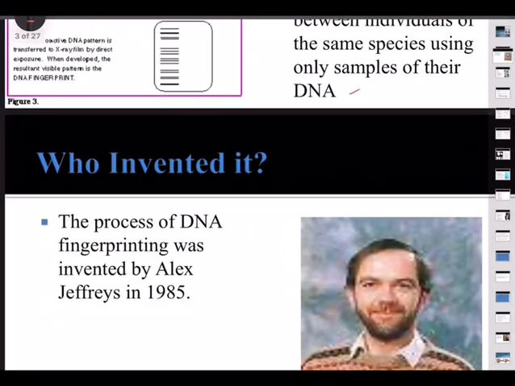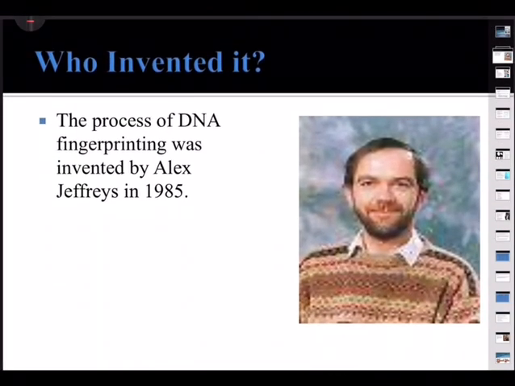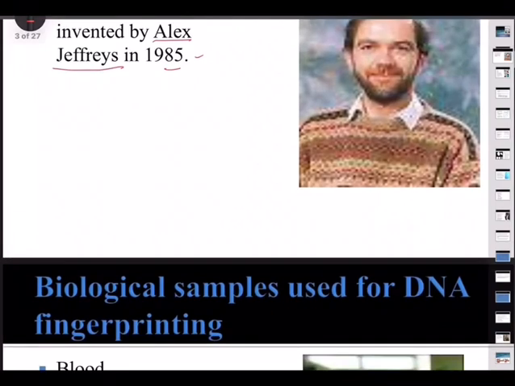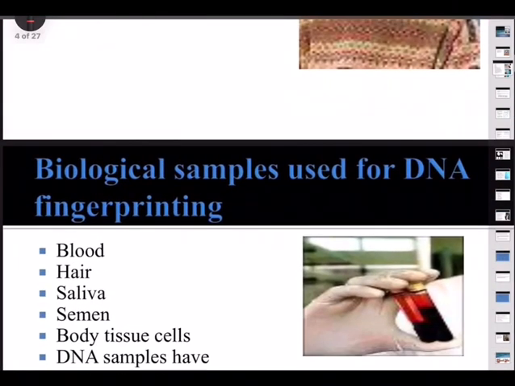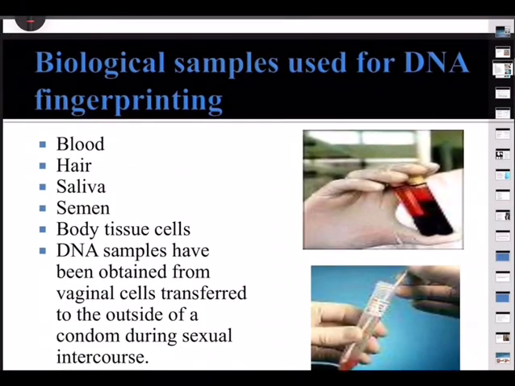And who invented it? As I said yesterday, thanks to this gentleman Alec Jeffreys in 1985, the greatest discovery, and we must salute him. And what are the samples that we require for DNA fingerprinting? As I said just now, it may be blood, it may be just one hair follicle, one drop of saliva, small amounts of semen, body tissue cells.